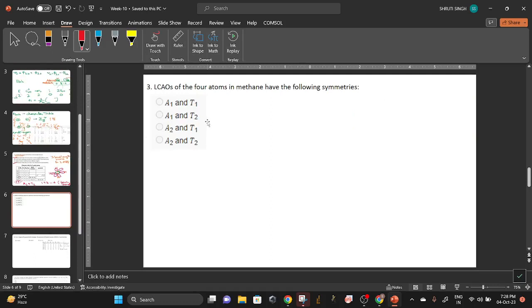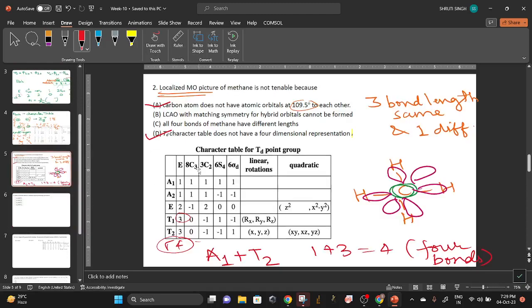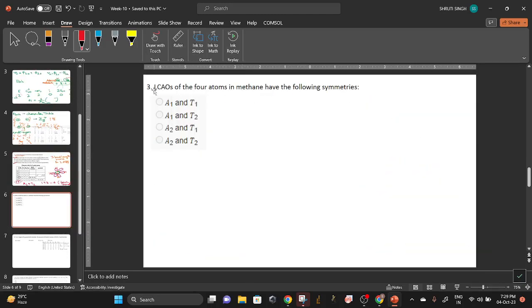Yeah, so this question is again the same thing which I wrote here, A1 plus T2. It is asking, the LCAOs of 4 atoms in methane have the following symmetries. How has this been solved? This has been solved in class.